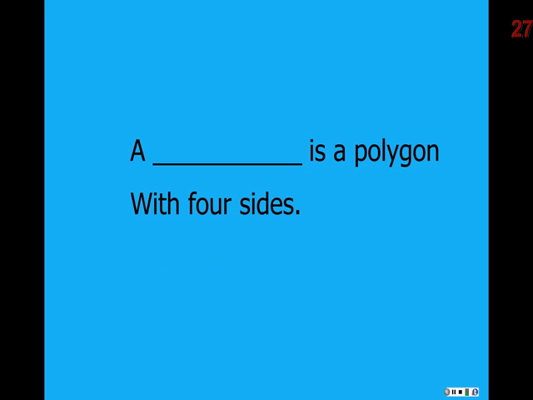A blank is a polygon with four sides. No, polygon. What's the name of polygons with four sides? I told you there's like the rhombus. We know hexagon has 6 sides, octagon has 8 sides, pentagon has 5 sides. What's the one called with 4 sides?